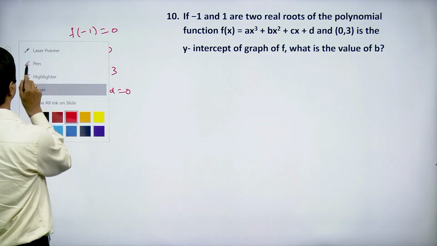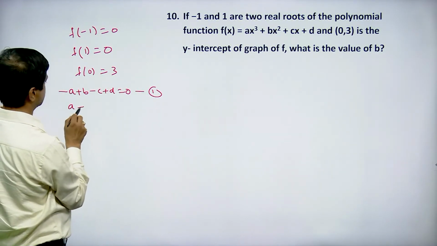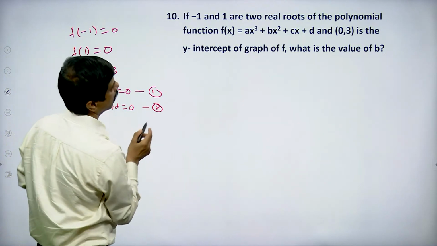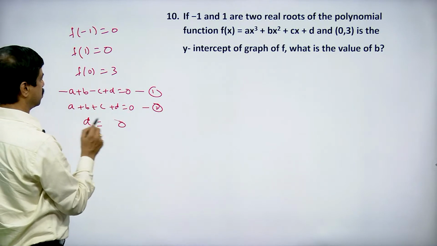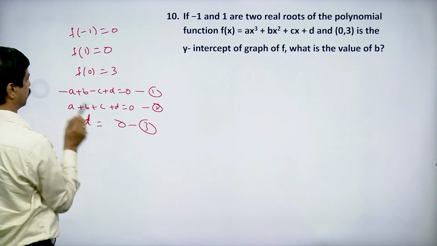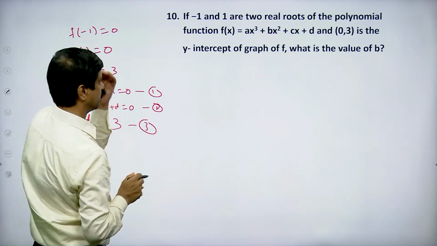Okay, children. Let us call it 1. f of 1 is 0, means a plus b plus c plus d equal to 0. This is 2. Then next, f of 0 equal to 3. f of 0 means d equal to 3. That is equation number 3.